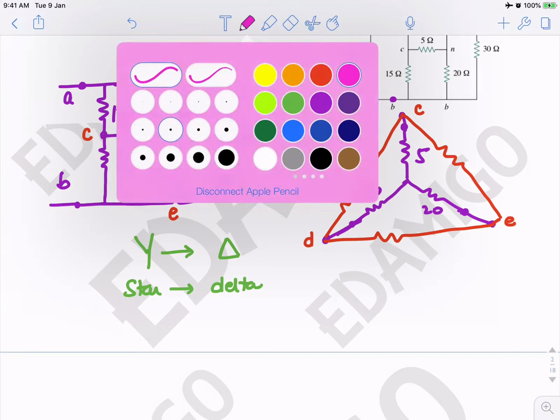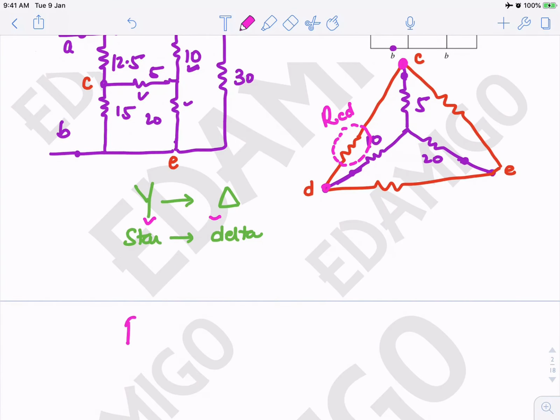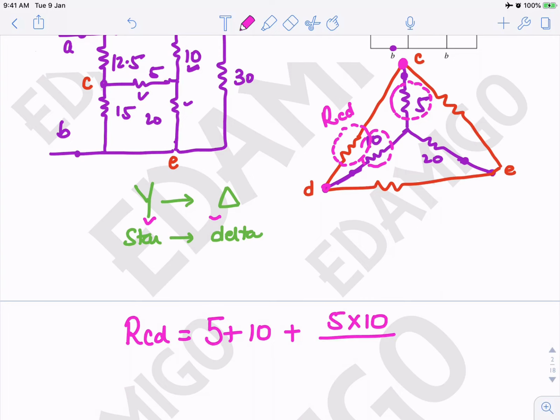The method to learn the formula is, whenever we are converting from star to delta, the delta network has resistances connected between two terminals. As we can see, between C and D this resistance is connected, for example RCD. The value of RCD is the sum of the resistances to which it is connected, that is 5 and 10, plus the product of those resistances, divided by the resistance which is opposite to it.